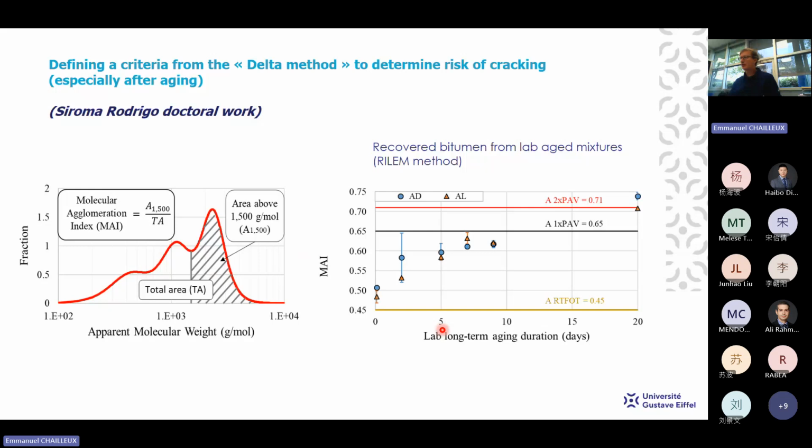So according to lab long-term aging, in this test, it's aged using the Rilem method on asphalt, and we can see that this molecular agglomeration index increased according to aging.